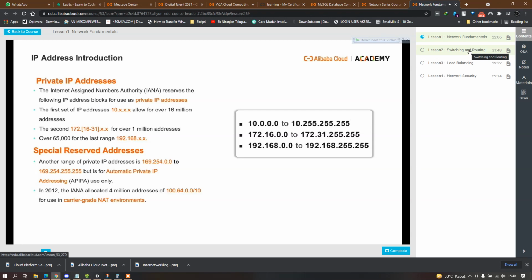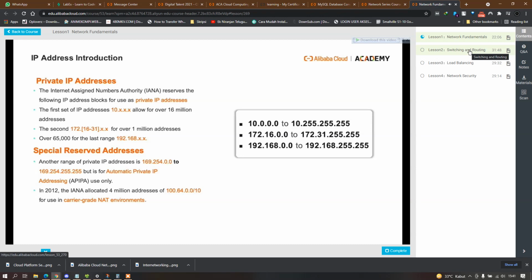And the second one is the 172.16 segment, a class B segment, also used for private use. And the last one is the 192.168 segment, a class C segment, also used for private usage. So these three IP address segments are all used for private network environments, like your own company network or your own enterprise internal network environment.